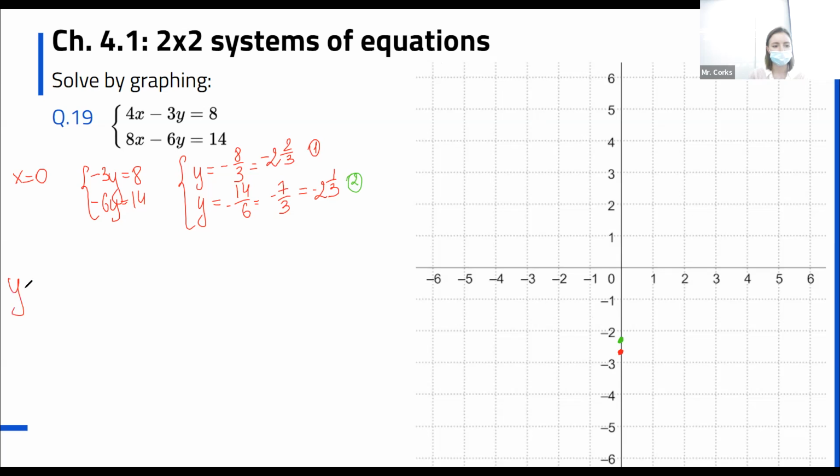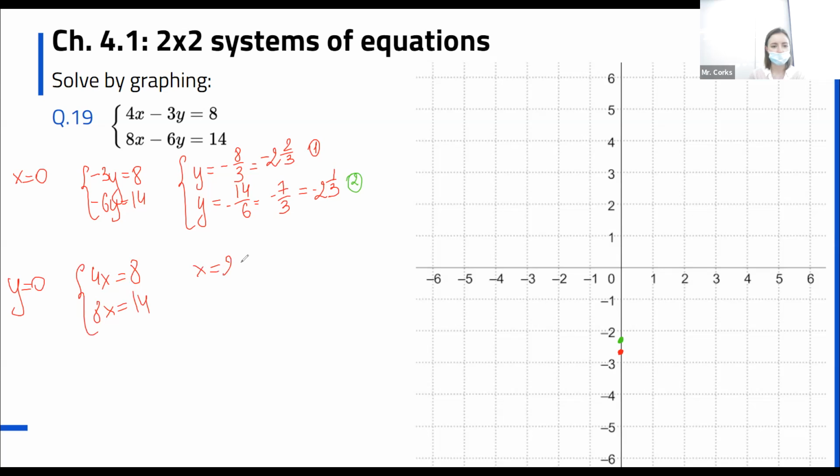For the x part, y equals 0. Oh, how does it work? For y equals 0 we have 8x equals 8 and 8x equals 14.